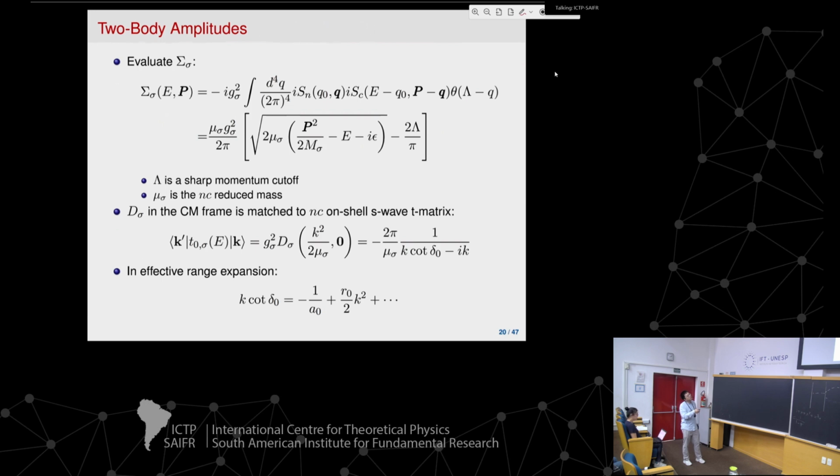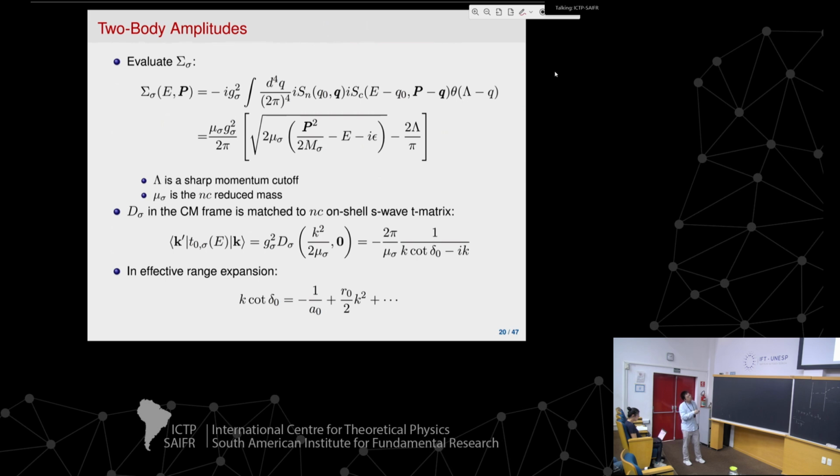So this part will depend on the momentum and energies of these self energies, minus this part which is related to the cutoff scale. And if you're working in the center of mass frame, which basically means this capital P is zero, and this energy is then related to only the relative momentum, K squared divided by 2 times the reduced mass of the system.